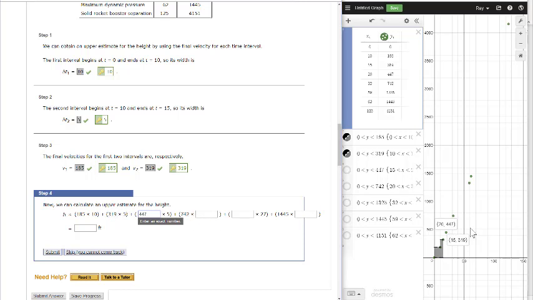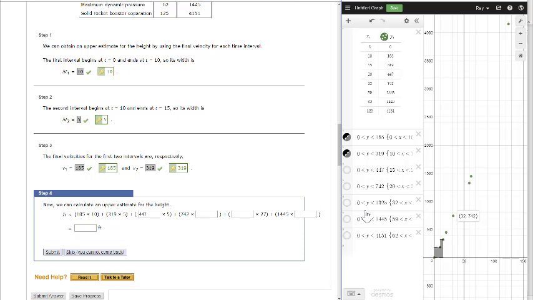And then the next one has a height of 742, but what's the width going to be? For this one, the width is whatever this distance is in the base. And how do we do that?